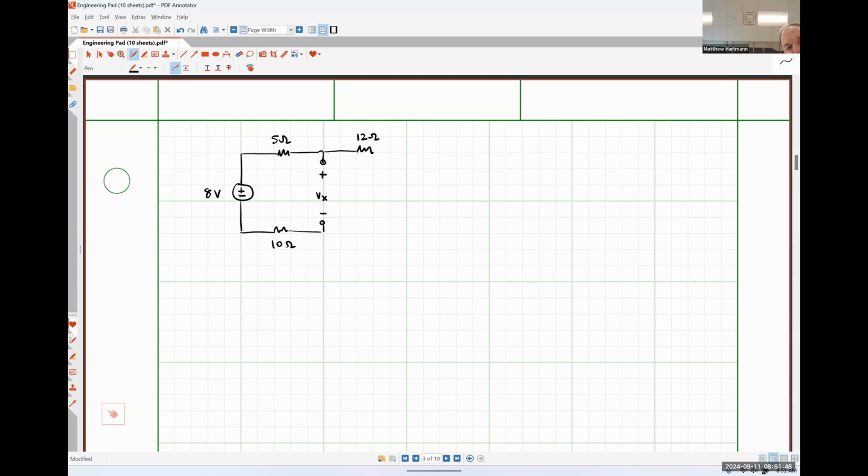Let's make this a 12-ohm resistor. And lastly, let's put a dependent source here. That is 2Vx. And ultimately, I want to figure out the current I that is flowing clockwise around this circuit.